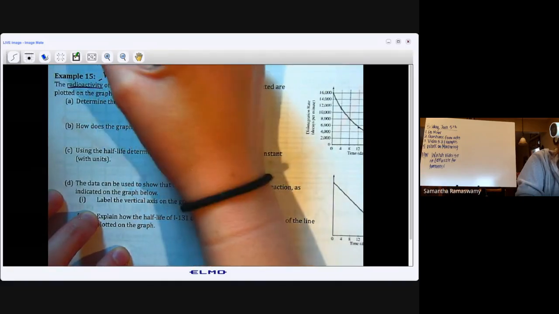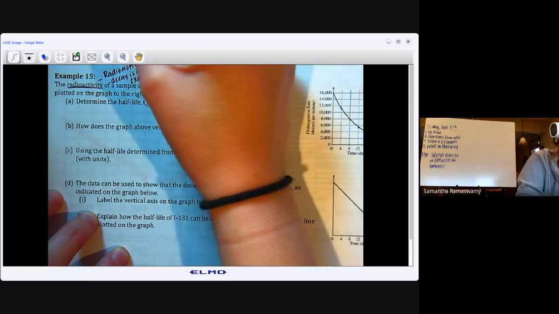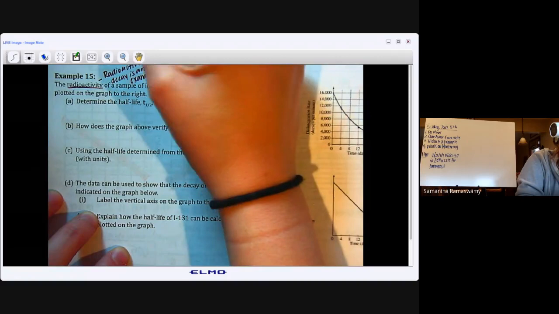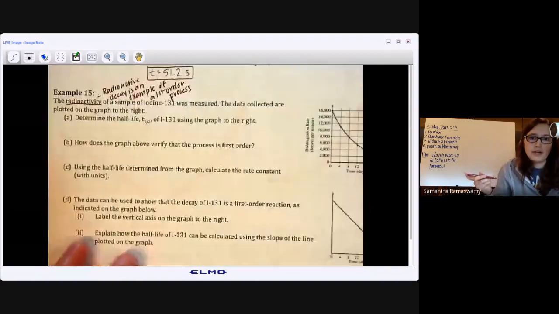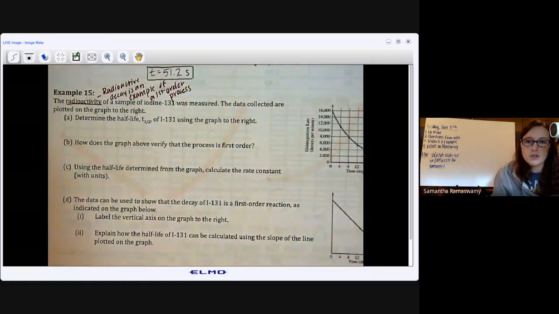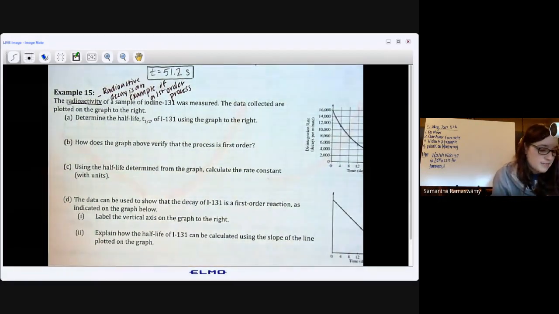College Board likes to ask questions on radioactive decay. So the data collected was plotted on the graph. A says determine the half-life, T1/2, using the graph to the right.